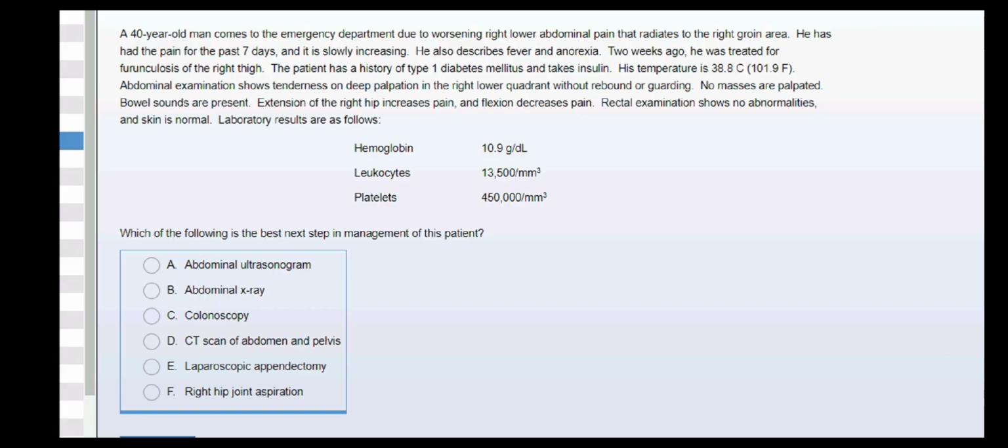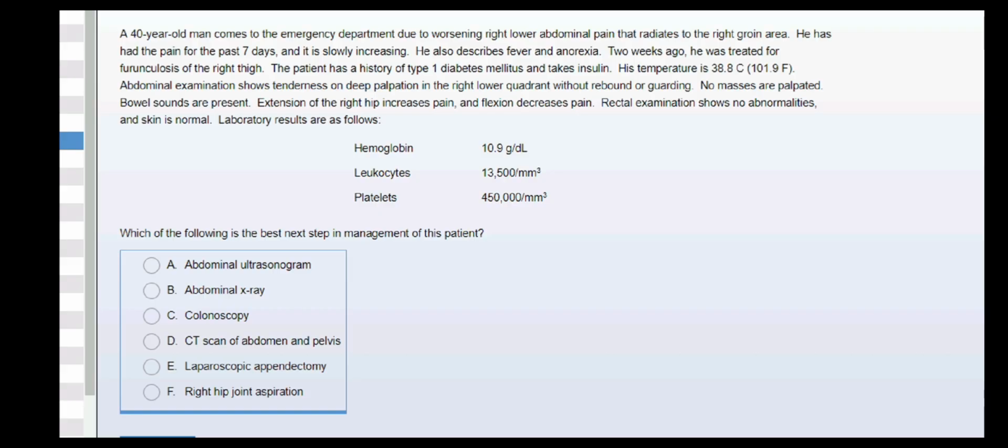So this is not appendicitis. We don't have rebound or guarding, just deep palpation is painful. No masses, bowel sounds good, but look for this, the indicator for the answer.